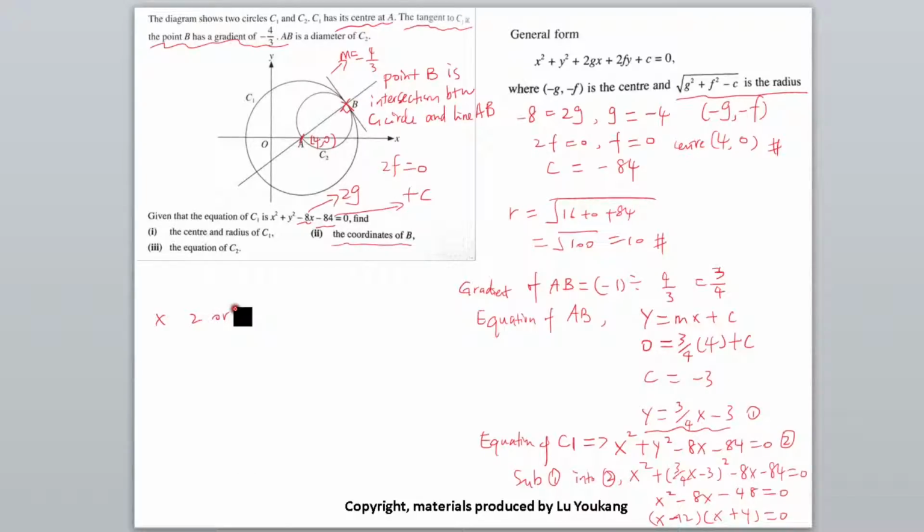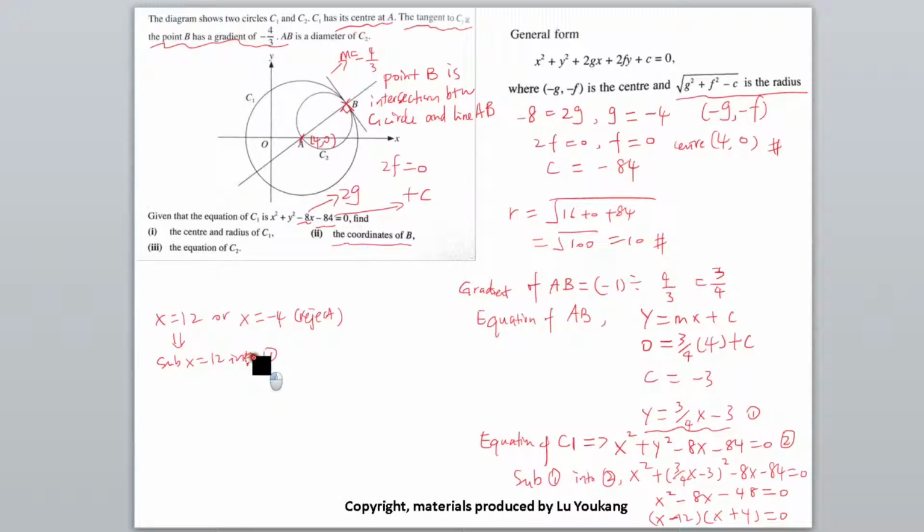And therefore, you should get x equals 12 or x equals minus 4. For x equals minus 4, we should reject this value because clearly B is on the right side of your y-axis, so it should be positive. So we only take the positive value of x, which is 12, and sub x equals 12 into equation 1.